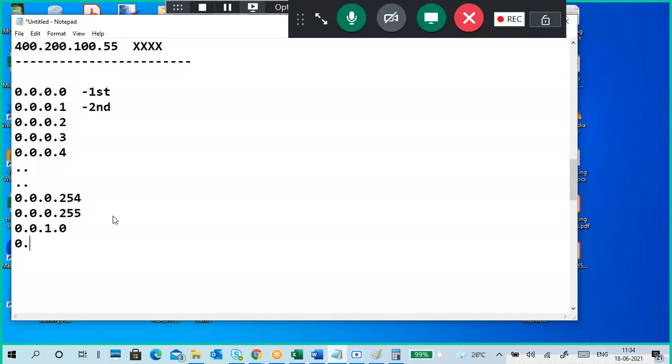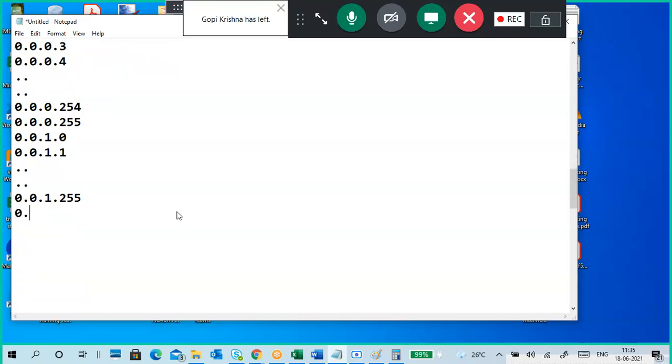Understand? So 0.0.1.0, 0.0.1.1, it continues until 0.0.1.255. Then it becomes 0.0.2.0, 0.0.2.1, up to 0.0.2.255.